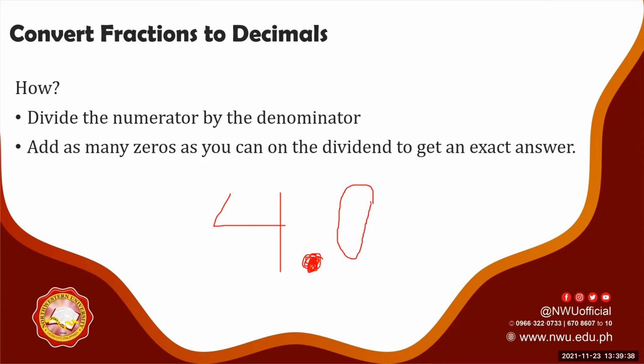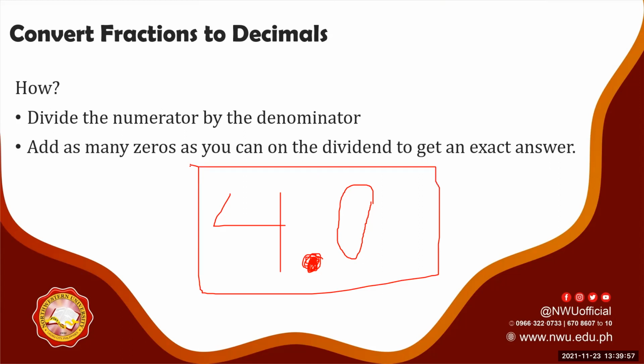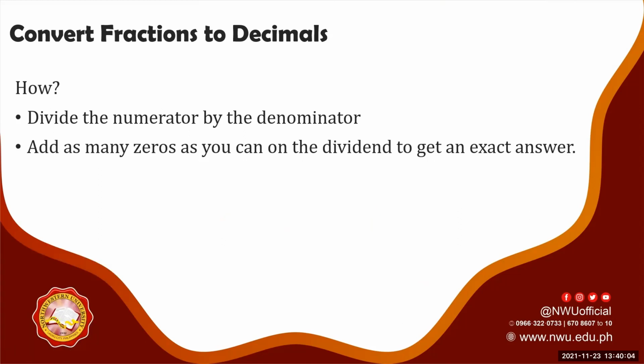As said earlier, as one of the properties, we can simply add zeros after or before the number, not in between, just before or after, and it will still mean the same. So you can now conclude that this is still 4, but already rewritten as a decimal number. That is the reason why I am saying that all whole numbers are considered to be decimals.